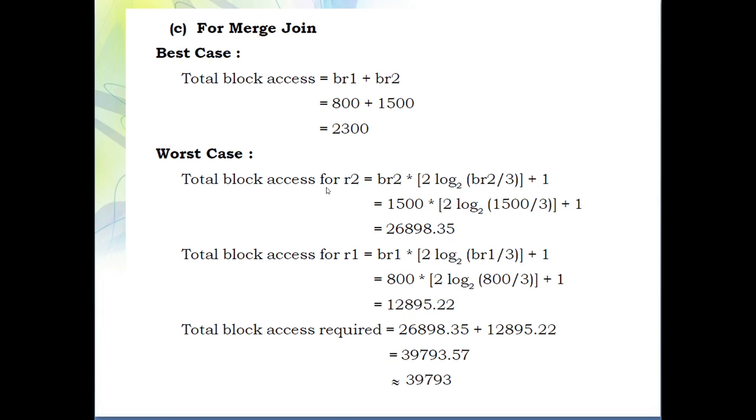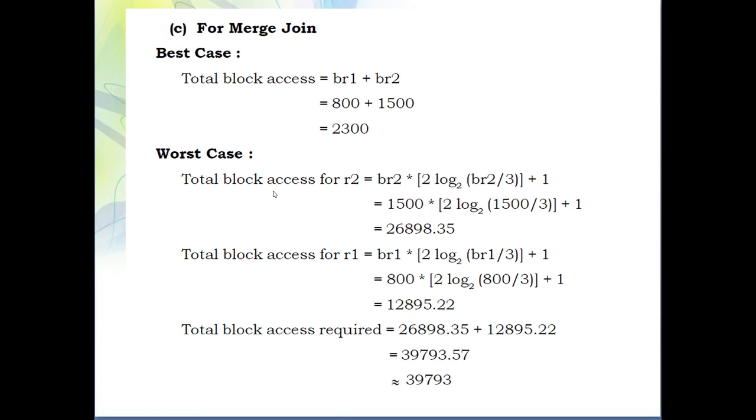Then we need to add both so that we get the total block accesses required. Before, when we discussed nested loop join and block nested loop join, we calculated it combined for relations R1 and R2, but in case of merge join you need to calculate it separately for relations R1 and R2, and then add them. So let's see what formula you have to use. First of all, we consider relation R2.